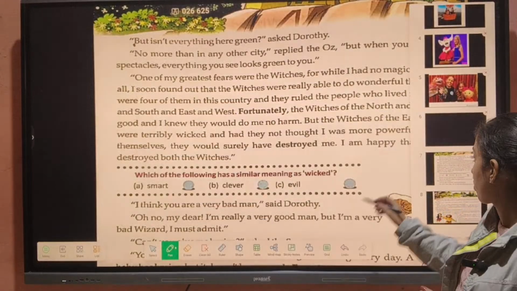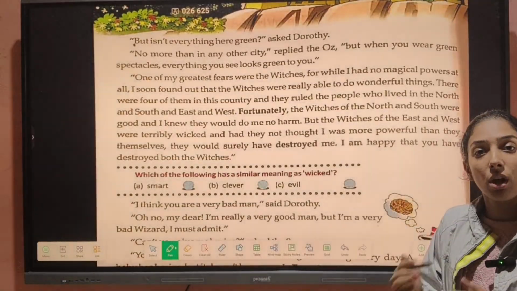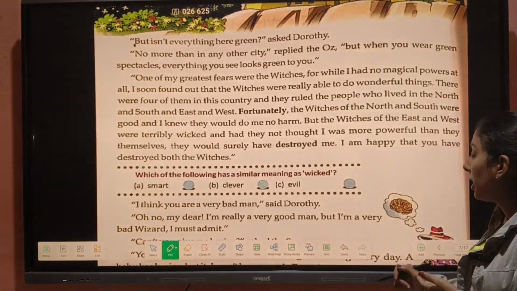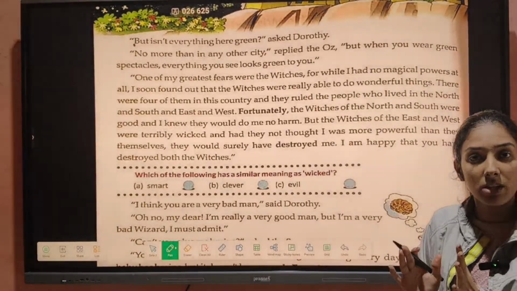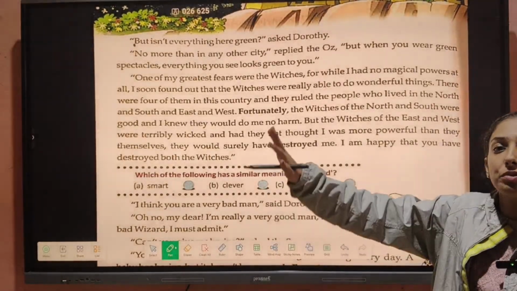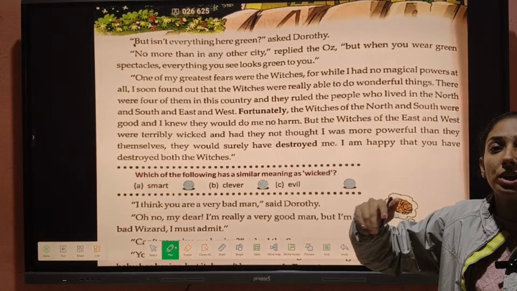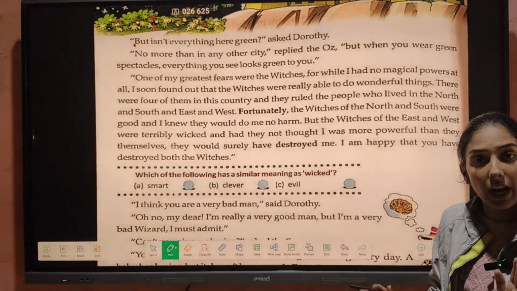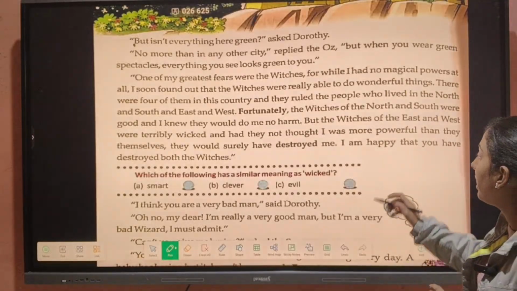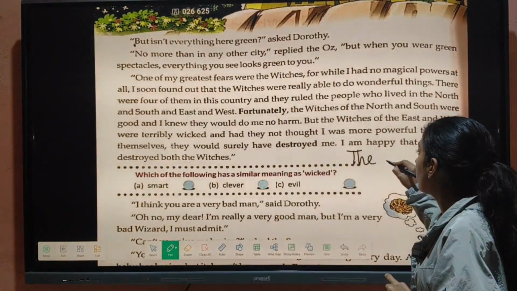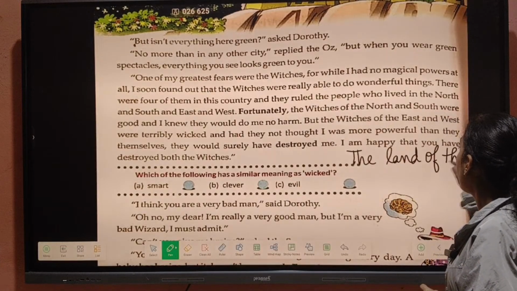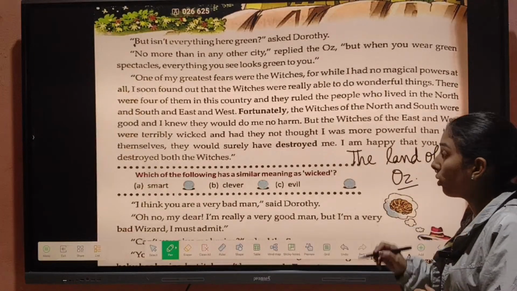So he is telling his story that he was a balloonist, and one day he was doing his show in his circus, and that balloon, beta, it came very far away from that circus, and now he was lost in the sky. When the balloon landed gradually on a land, then he realized that he reached the land of Oz. He came in the land of Oz.